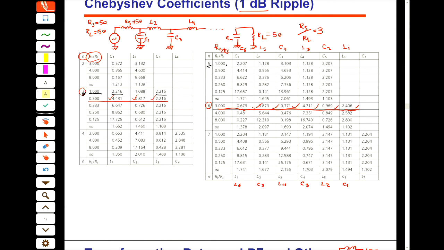So fifth order, then C1 equals to C5, L2 equals to L4, and then C3 is different. For the seventh order, the same. This one and this one are the same, this and this are the same, this and this are the same. Okay. No difference.